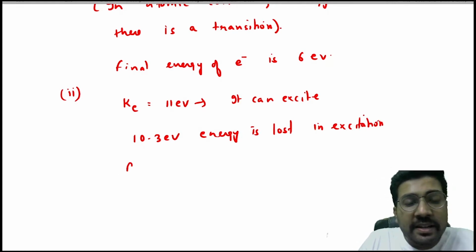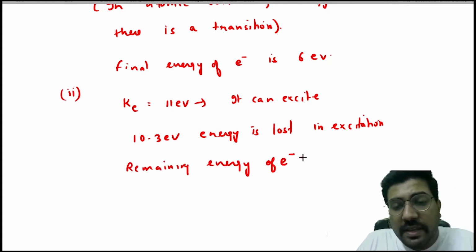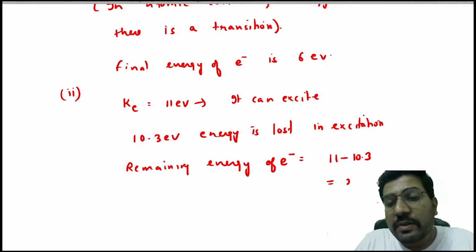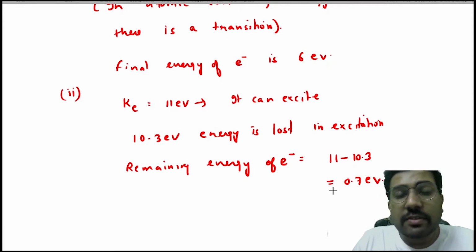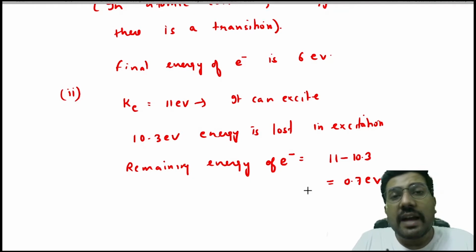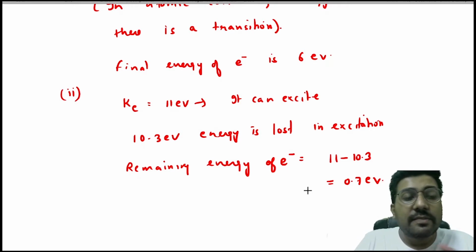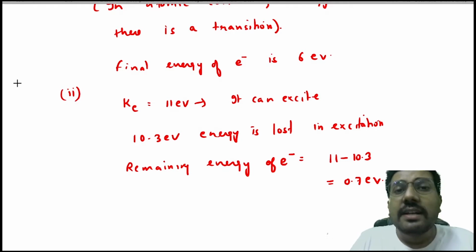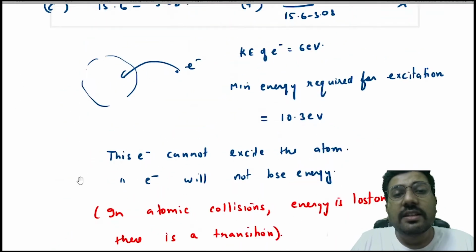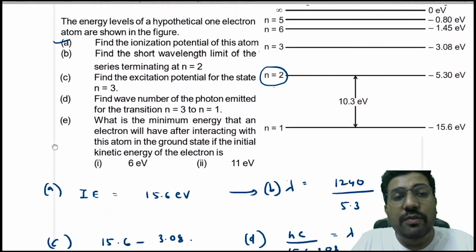So the remaining energy of the electron will be equal to 11 minus 10.3, and that will be equal to 0.7 electron volt. So the electron will give its energy to the atom only if it is possible to excite. If it is not possible to excite, then the electron will not lose any energy. This is very important. In an atomic collision, there is loss of energy only if there is a transition. If there is no transition, then there will never be any loss of energy.